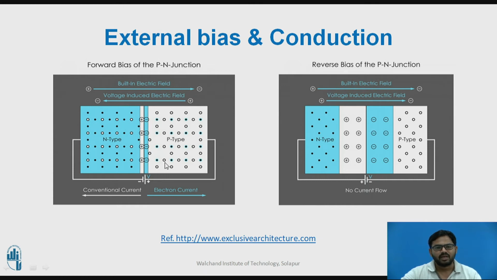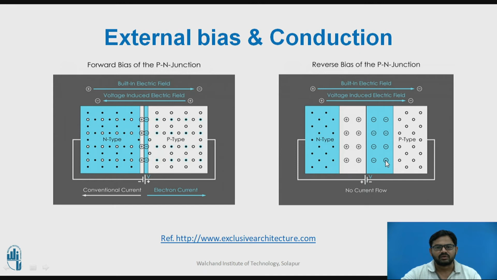In the forward biased PN junction, the depletion region is reduced, because it forces electrons from the N side and holes from the P side to cross the junction. So a large amount of current starts flowing in the forward bias for the PN junction diode.